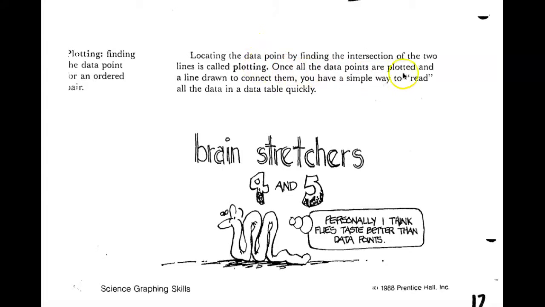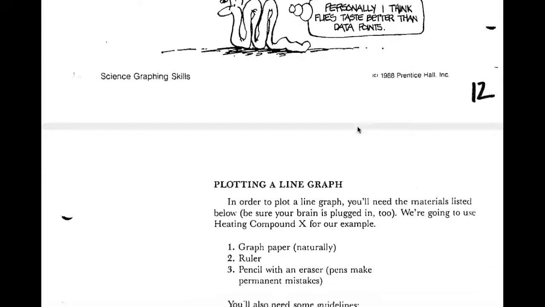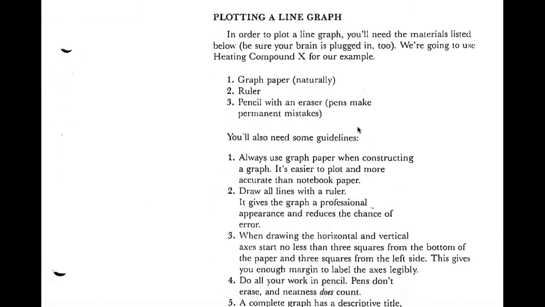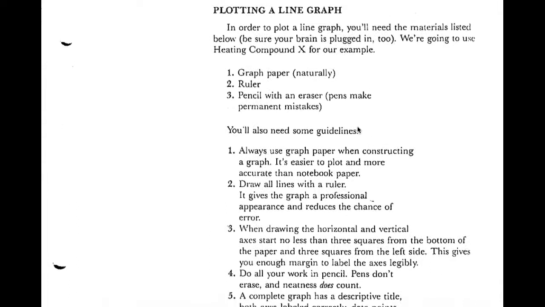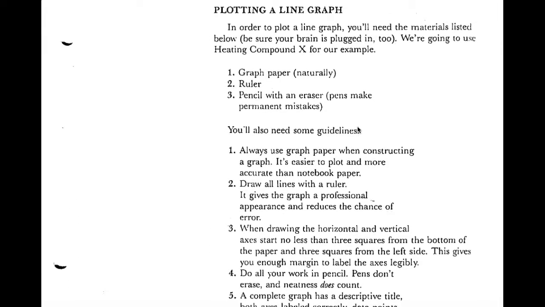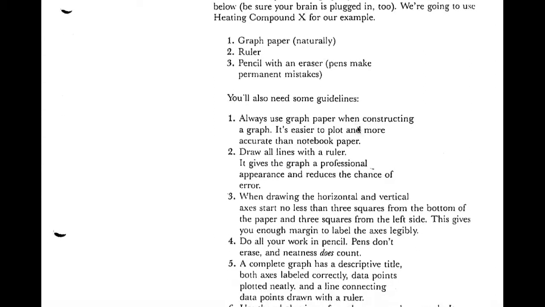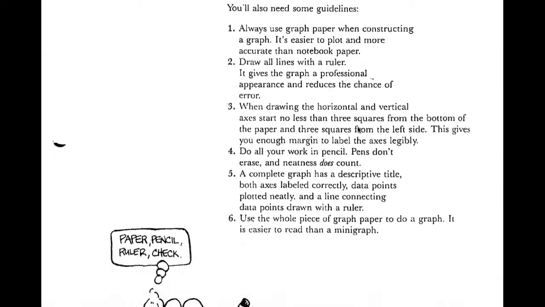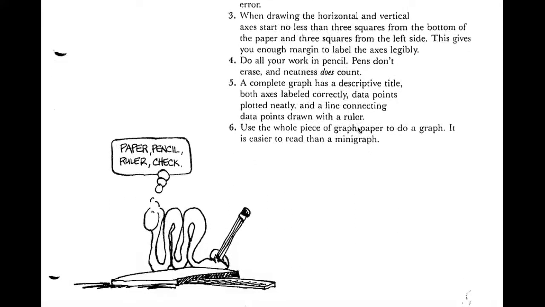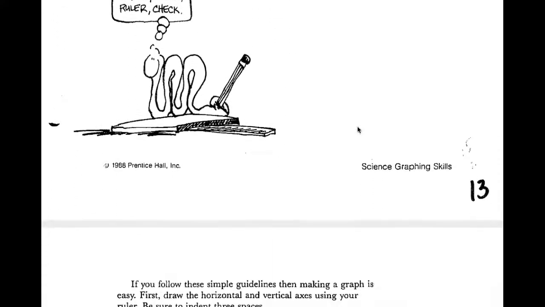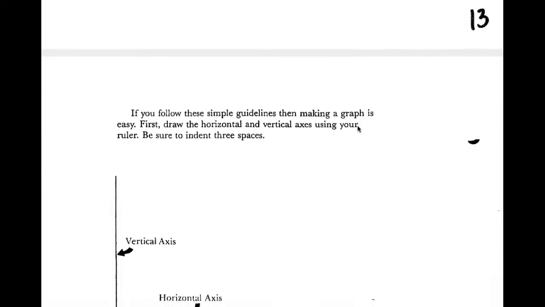Once all the data points are plotted and a line drawn to connect them, you have a simple way to read all the data in a data table quickly. We kind of went through that too on the plotting of a line graph. Always remember to go over then up, over then up.